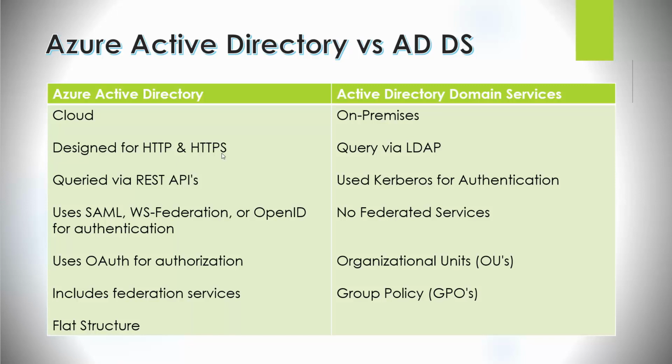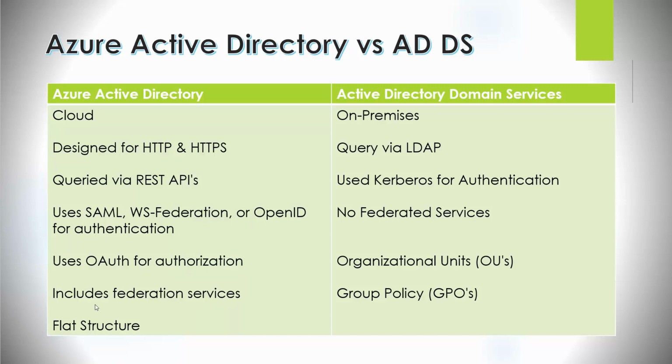Because it's based on HTTP and HTTPS, it uses REST API over HTTP and HTTPS for querying, whereas queries via Active Directory Domain Services are via LDAP. And for communication protocols, Azure AD doesn't use Kerberos; it uses HTTP and HTTPS protocols such as SAML, WS-Federation or OpenID Connect for authentication, and it uses OAuth for authorization.